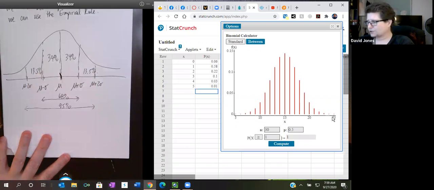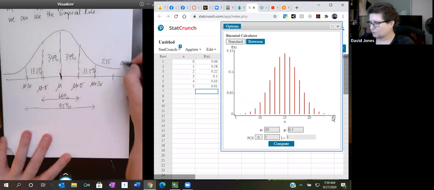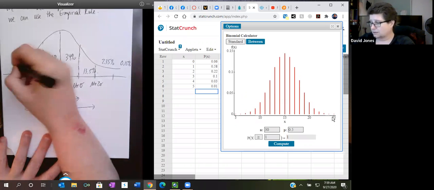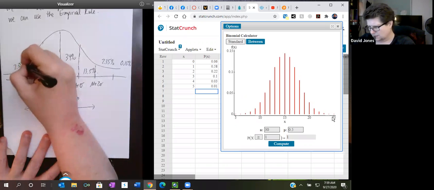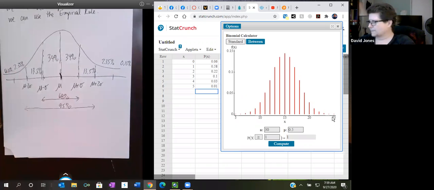And so on and so forth. 3 deviations was 2.35%, and past that was 0.15%. So if we have the bell shape, we know what the percentages are based on number of deviations from the mean.